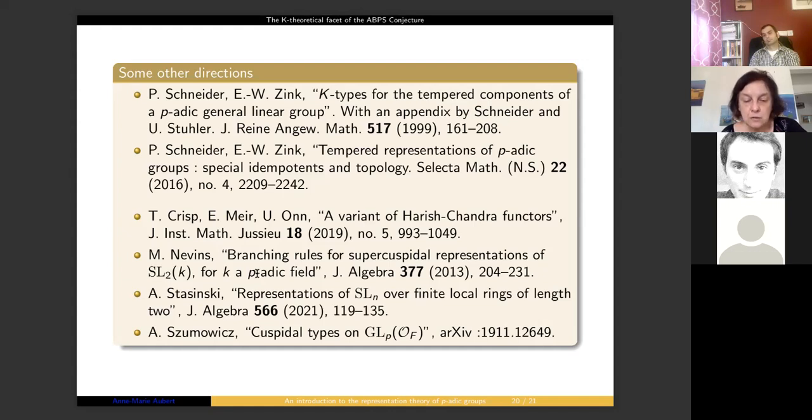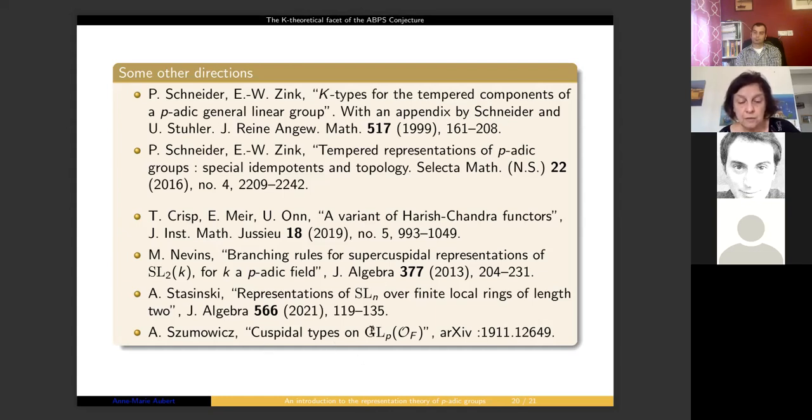And very recently, there was also a very interesting work by Chris, Meyer, and Owen, in which they define a new version of induction, a variant of Arishona functors, and also several works of Stasinski on representations of p-adic groups over finite local rings, and in particular this recent paper in the case of SLN.